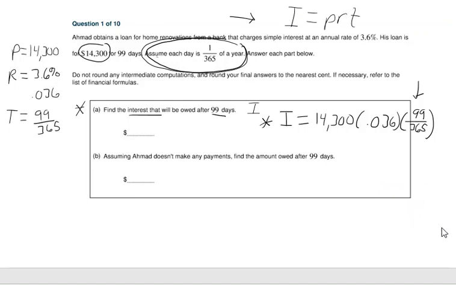It's actually a non-repeating decimal, but don't round it off at this point. Leave it as a non-repeating decimal, and then do the rest of your calculations. I'm going to take that number from the 99 divided by 365, and times that by 0.036, and then hit equals.